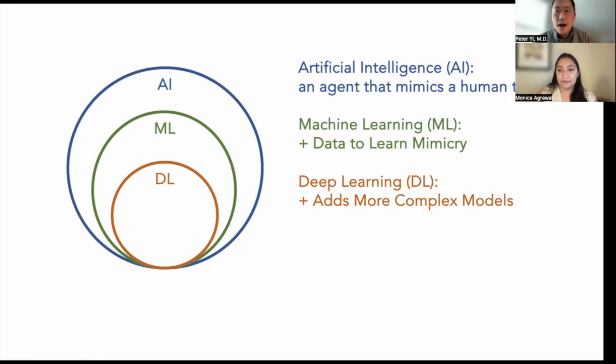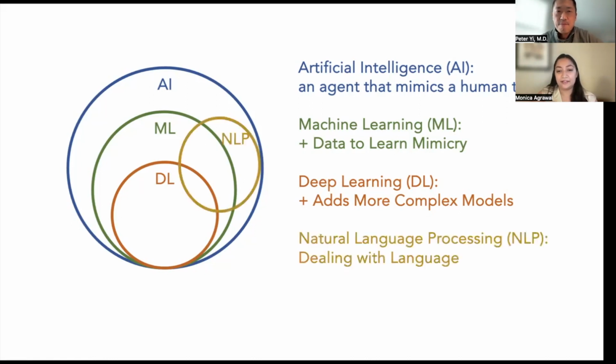Okay. And then how does natural language processing come into play with all this? Yeah, so NLP, or natural language processing, can cross-cut all of these. It's a subset of AI that deals with language. And you can do that without any data whatsoever, or you can do it in a machine learning or a deep learning approach.